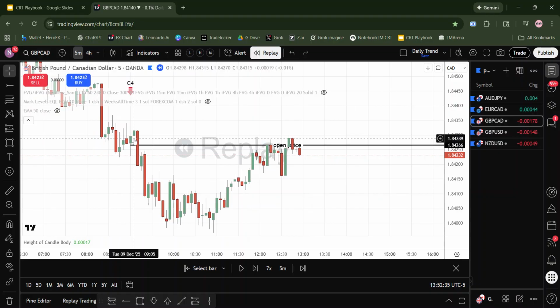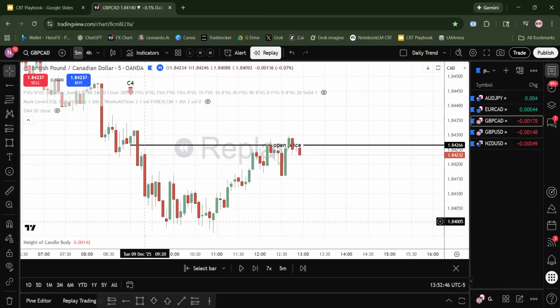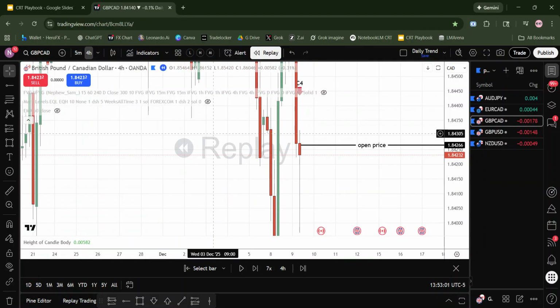So if you'd have got in right at 9:10 for a perfect entry, price went down 30 pips. So if you'd had a 10 pip stop loss, that would have been good for 1 to 3. So that would have been fine. But like I said, it ended on the wick. So it started retracing. So hopefully, if you wanted to try that, about 20 to 30 pips would be a good goal for something like this. Sometimes it will go farther, but I say 30 minimum, 20 to 30.